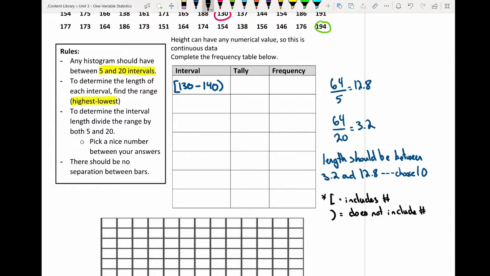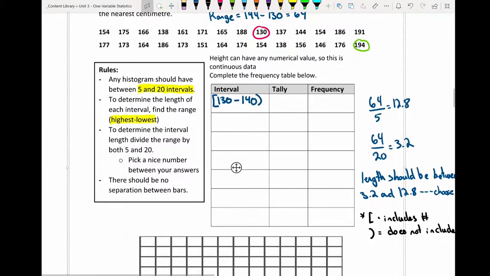So basically what this interval is representing is every data value that I have between 130 and 139, but I am representing it as 140 for that interval length. We do this because we don't want to include values that are in both intervals, so it's a way to help avoid that.